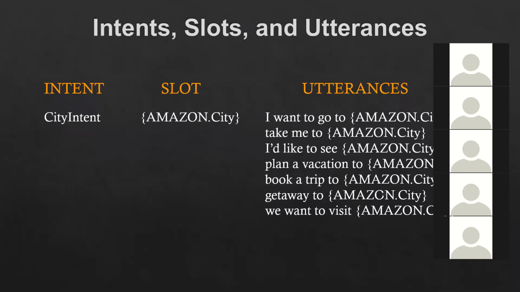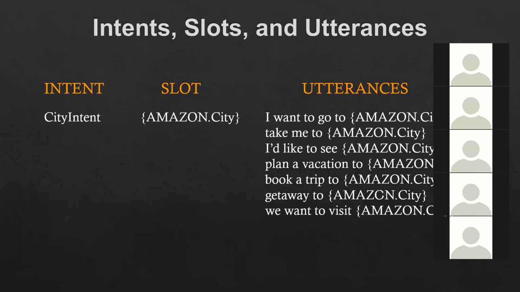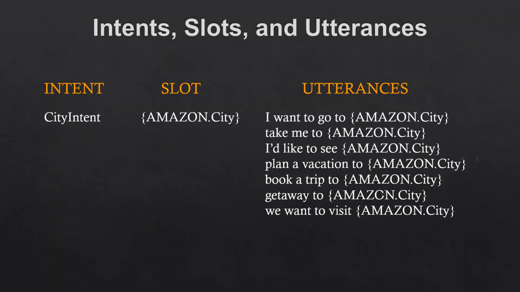Here's an example of intents, slots, and utterances in action. Let's say you have a skill which allows users to book trips to their favorite cities. You'd probably have an intent named something like city intent, and for slots, you could use the built-in Amazon.city slot, and the utterances you would map to city intent would be things like, I want to go to Amazon.city, take me to Amazon.city, I'd like to see Amazon.city, and so on and so forth.